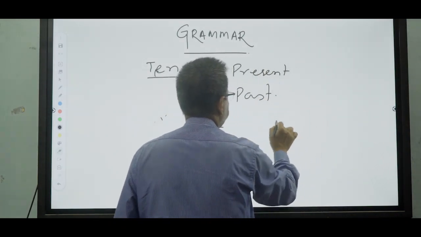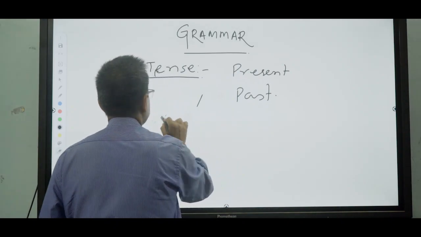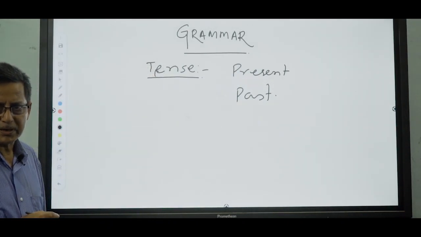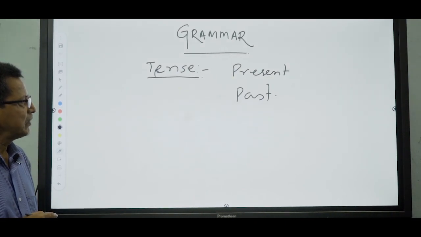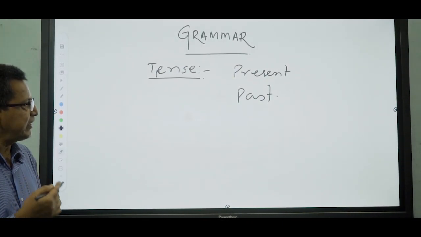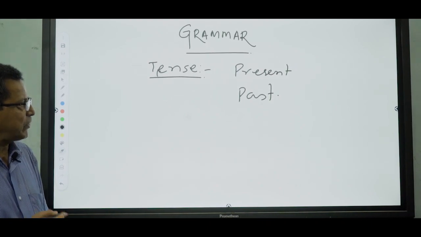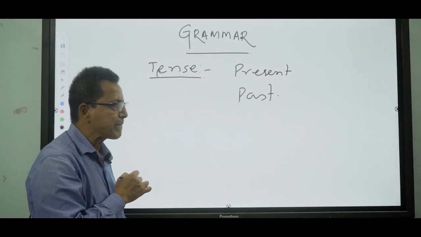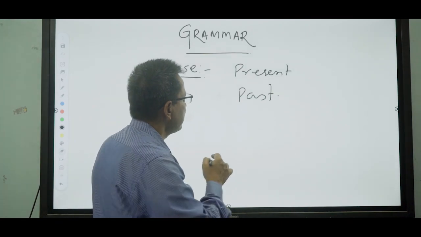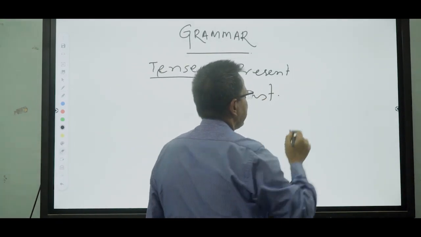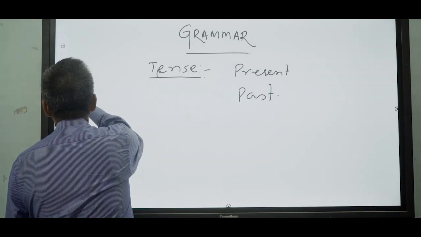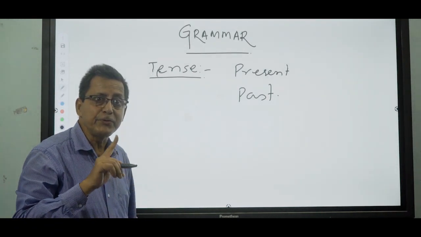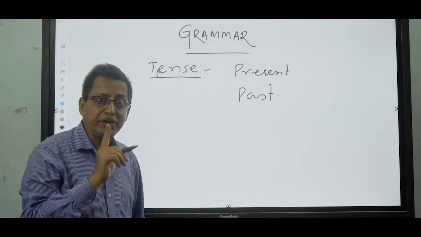Therefore, we can say that there are only two tenses in English, present and past. So, we can refer to a future action by using present.